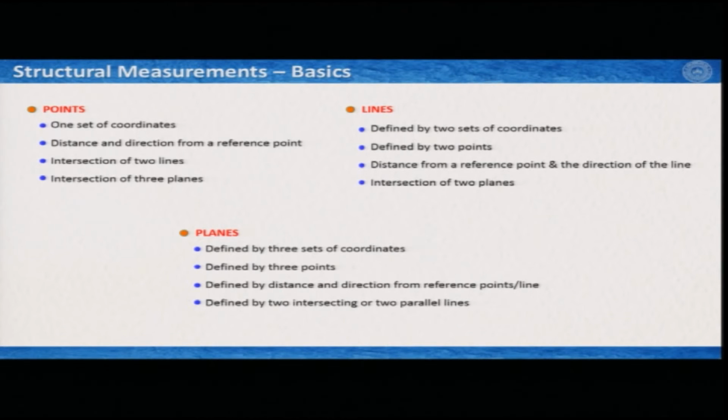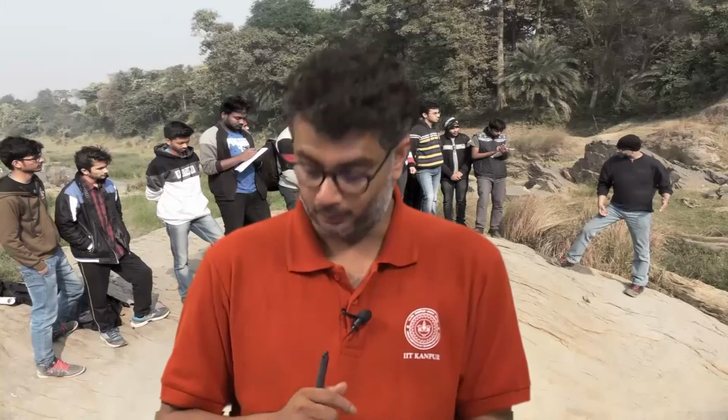So, given this background, and given the idea that most of the geological maps that we produce are in two dimension, that we produce them on a piece of paper, it is important to understand or to plot them in such a way that these three dimensional features or three dimensional measurements are represented in the map in two dimension, and this is exactly what we are going to learn now.